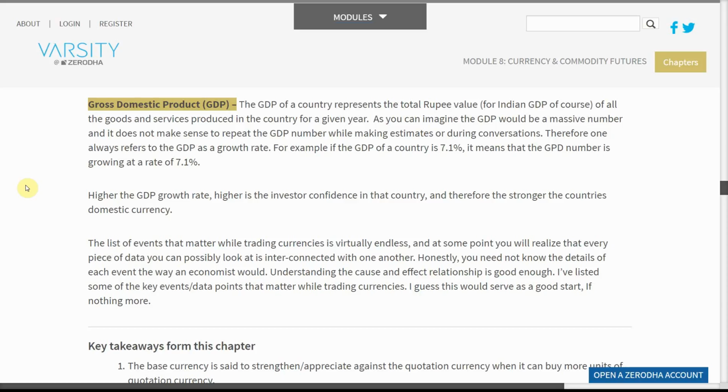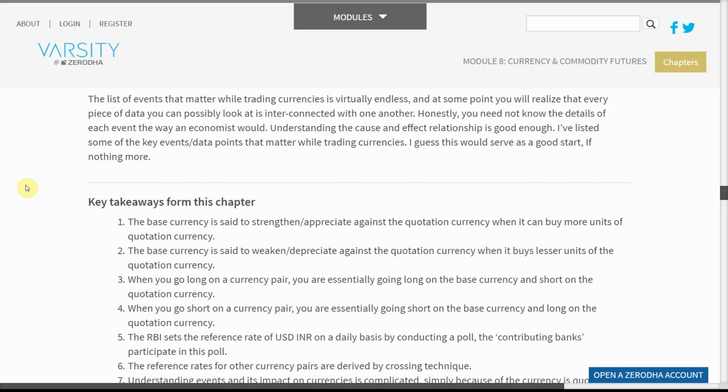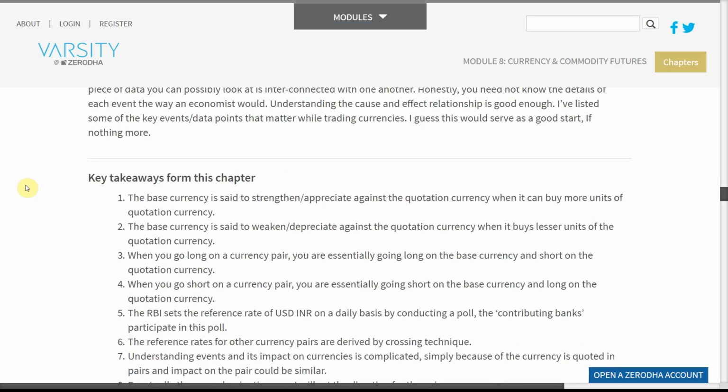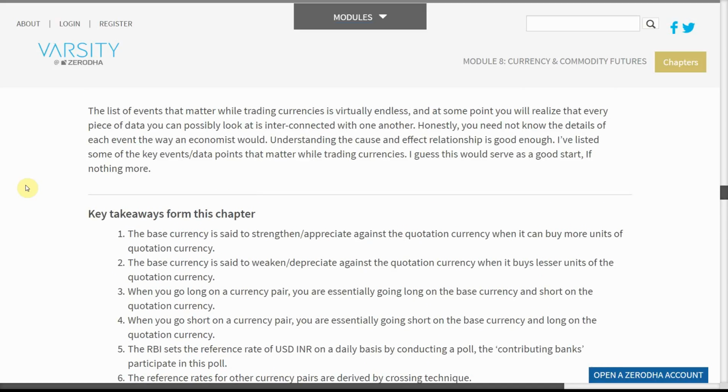Honestly, you need not know the details of each event the way an economist would. Understanding the cause and effect relationship is good enough. I've listed some of the key events and data points that matter while trading currencies. I guess this would serve as a good start, if nothing more.